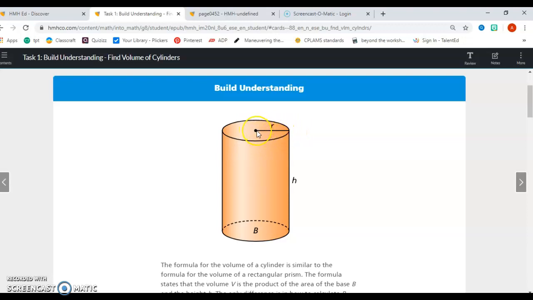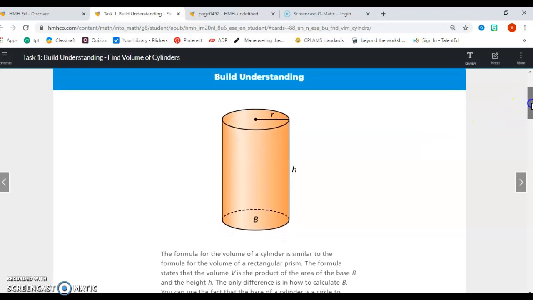Now remember, the radius is the measurement from the center of the circle to the outside edge. Different from the diameter. Remember, the diameter goes all the way across the circle. And the radius is always half of the diameter. Here, the diameter is not shown, but sometimes in your classwork and your homework, it will give you the diameter, and you have to find the radius.